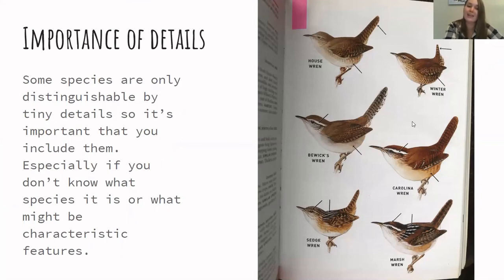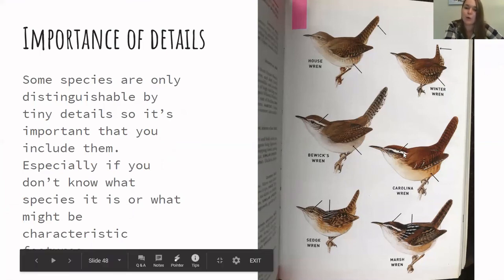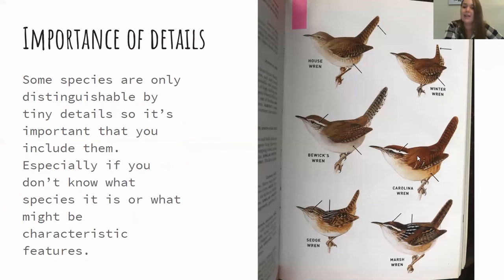Any detail that looks very prominent could be what the species is distinguished by, like this bright white stripe across the top of the Carolina wren's eye. That is very characteristic, so you'd want to make sure you included that.